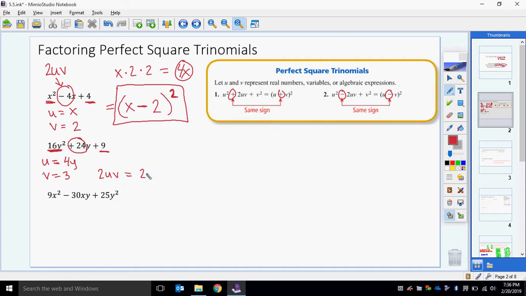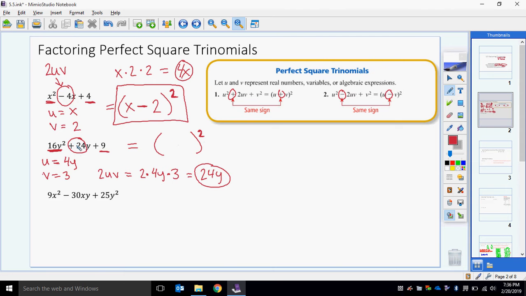Well, if I took 2 times my u, in this case it's 4y, times my v, in this case it's 3, what would I get? Well, 2 times 4 is 8, times 3 is 24, times a y, and they do match. So this is a perfect square trinomial, so it can be factored into one parenthesis that's being squared.